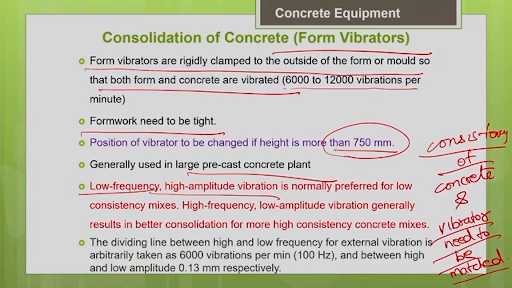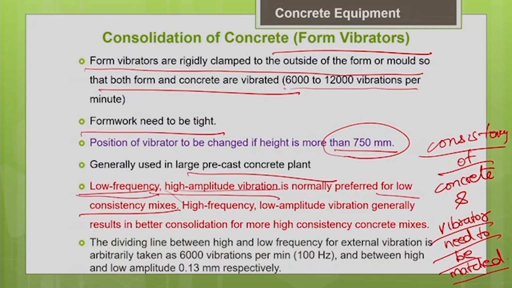In that case we need a higher amplitude. Amplitude refers to the magnitude of the motion. We need a higher amplitude to cover the spacing between the particles. Generally, when we go for high amplitude we go for low frequency. So, for low consistency mixes we prefer high amplitude and low frequency vibration.